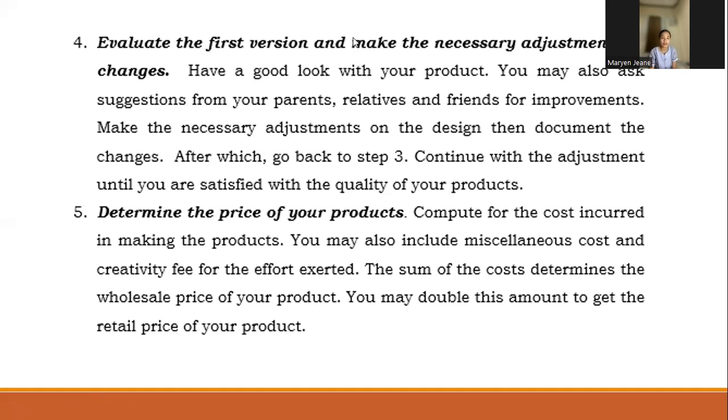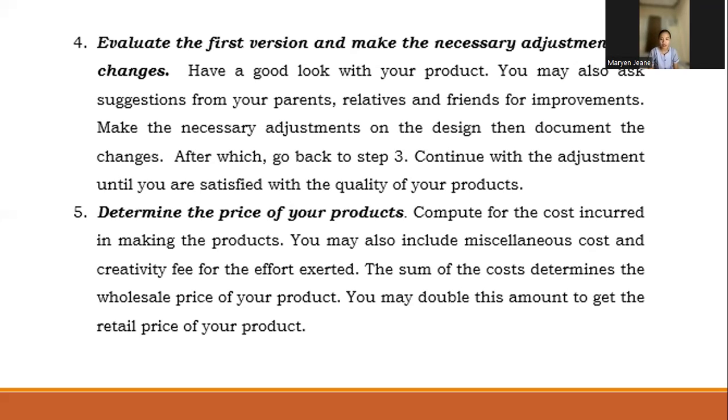Have a good look at your product. You may also ask suggestions from your parents, relatives, and friends for improvements. Make the necessary adjustments on the design, then document the changes. Don't forget. After which, go back to step 3, continue the adjustment until you are satisfied with the quality of your products.